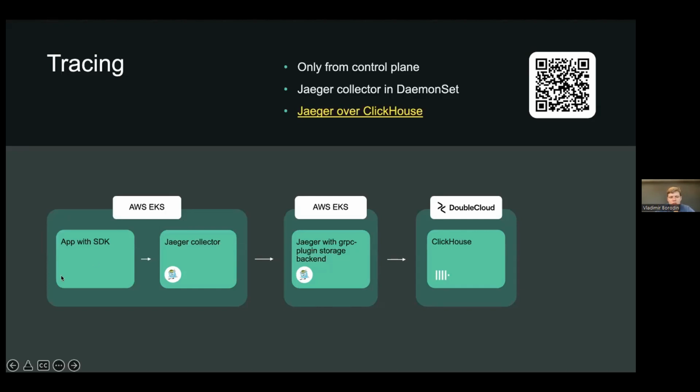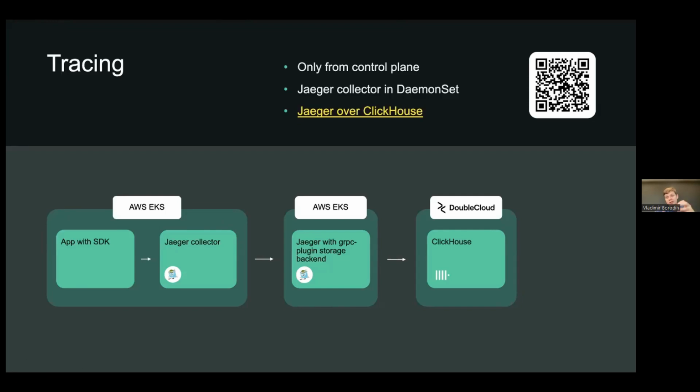The SDKs are open source and available for all programming languages. There is a Jaeger collector, that's actually an agent deployed on each Kubernetes node as a daemon set. And the application sends data to the collector.